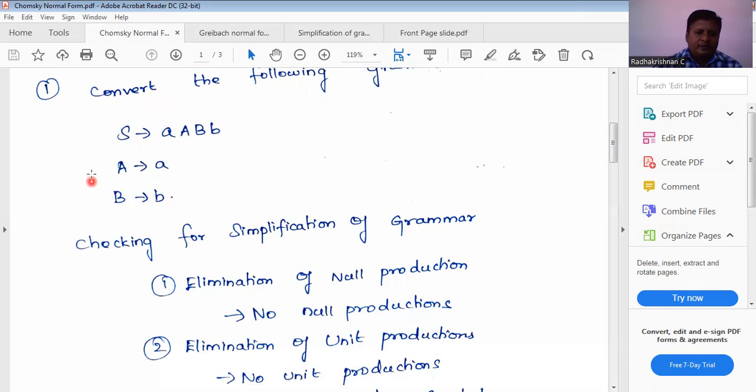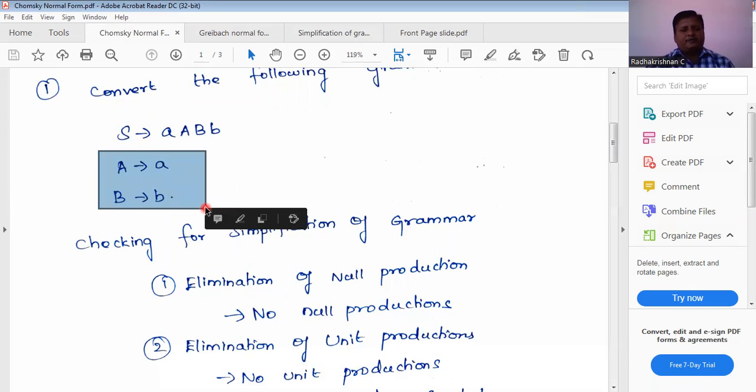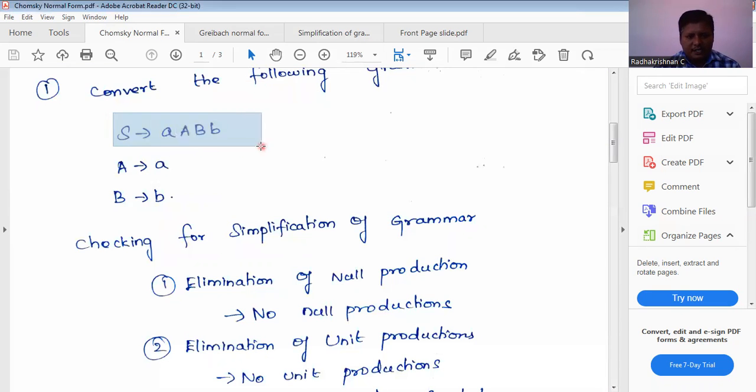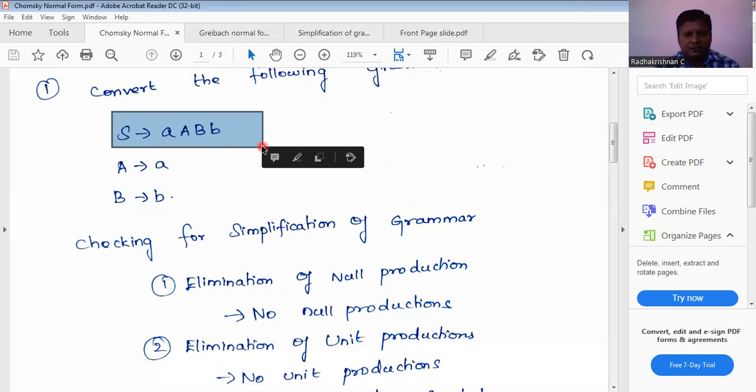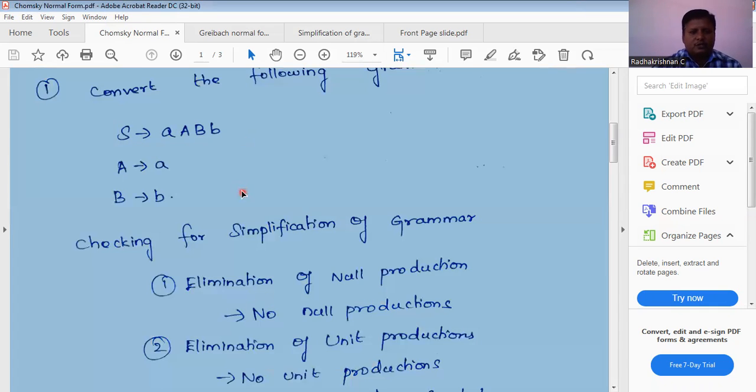The A and B rules are already in CNF format, because the left hand side is one non-terminal and the right hand side is only one terminal for both the A production rule and the B production rule. So we need not convert these two rules. Next, we have to concentrate on this rule alone: S gives A, capital B, small b.